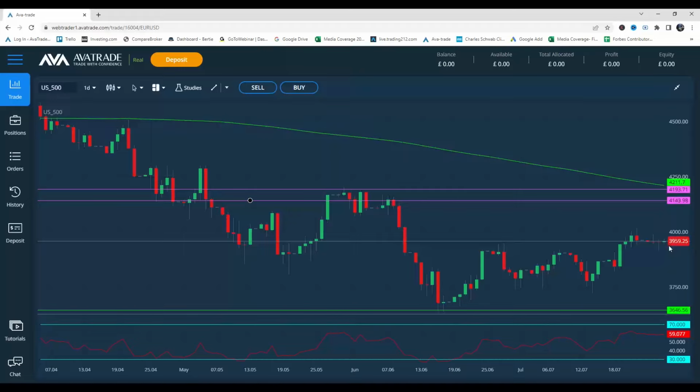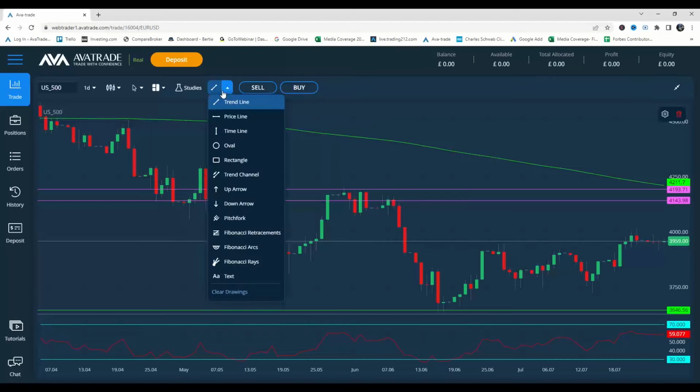The market is trading at 3,959. This was our support zone near 3,646. So we are right in the middle. This line over here is indicating that this was a very recent resistance, which the market was looking at in terms of the price action.